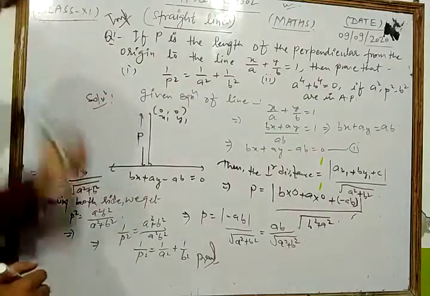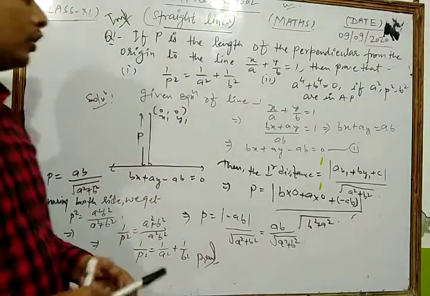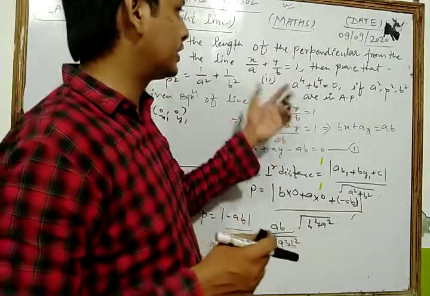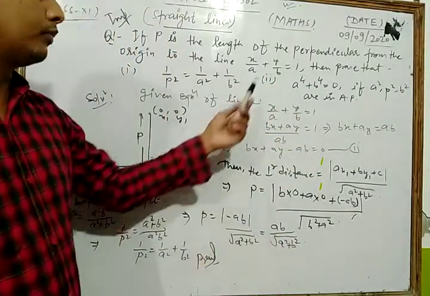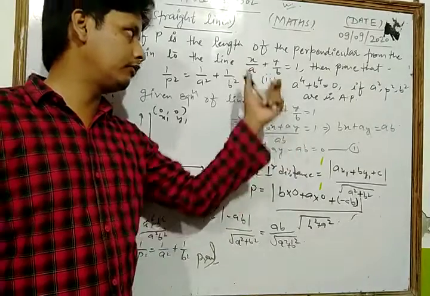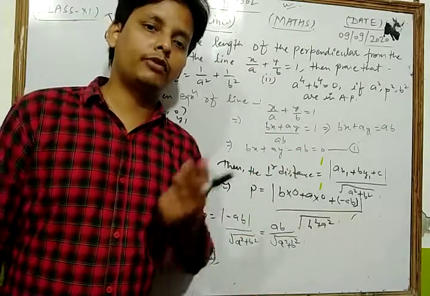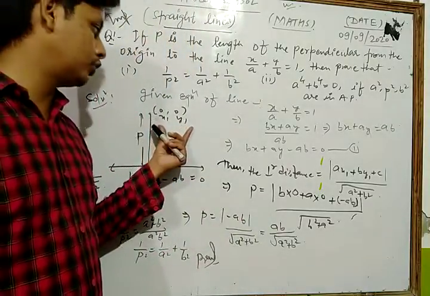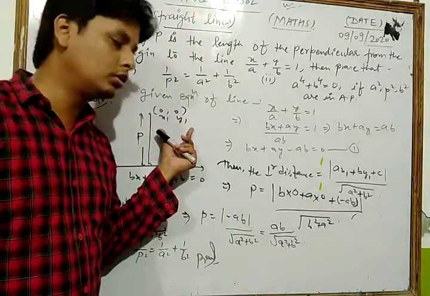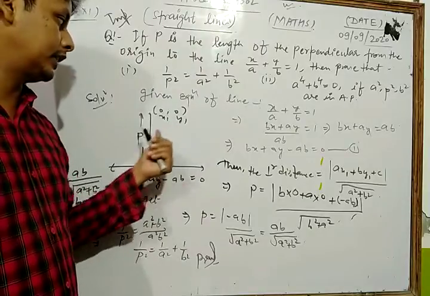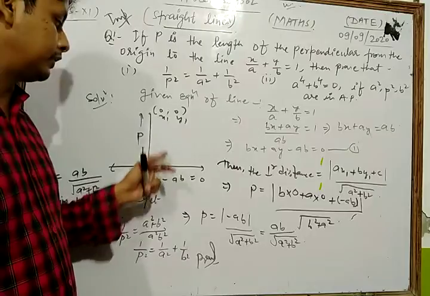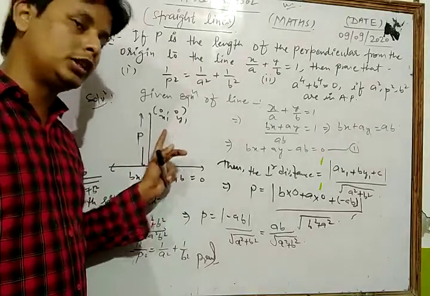Let's see once more. Dear students, first of all, p is the perpendicular distance from the origin to the line. First of all we simplify the given equation and make it in the form ax plus by plus c is equal to 0. After that, the origin is 0, 0, that point is x1, y1 here, and we draw the perpendicular to that line, and the perpendicular distance from the origin is p.